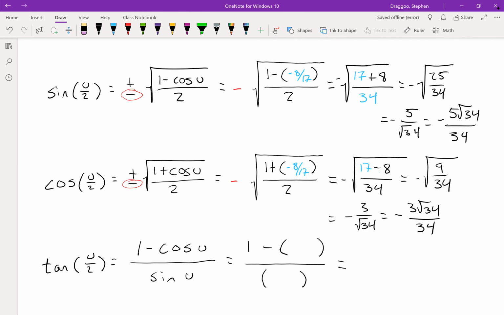Finally, we want the value of tangent of u over 2, which is going to be 1 minus cosine u, which is negative 8 over 17, divided by sine u, which is 15 over 17. Simplifying that as much as we can, multiply 17 to top and bottom. This will be 17 plus 8 divided by 15, which is 25 over 15, or 5 over 3.